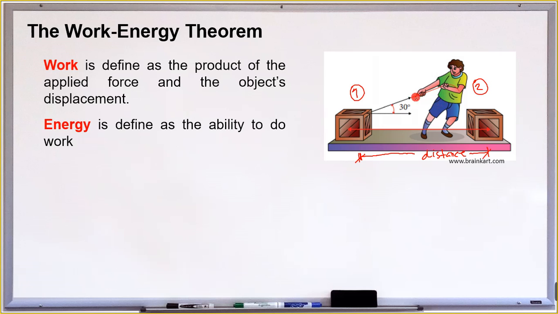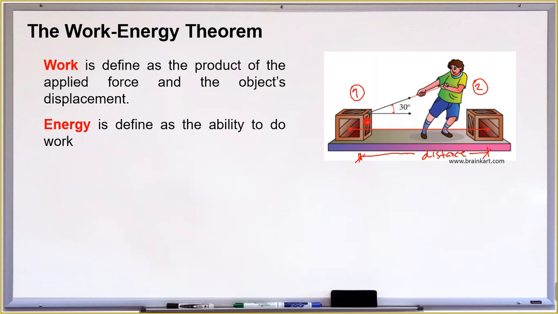Okay, so that is why he pulls the block, and then the energy from the man transfers to the block, and that is why the block moves from the initial position towards the final position. That is why it is transferred from one place to the other.